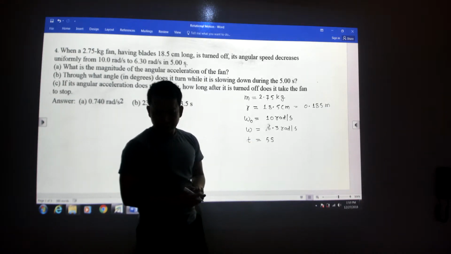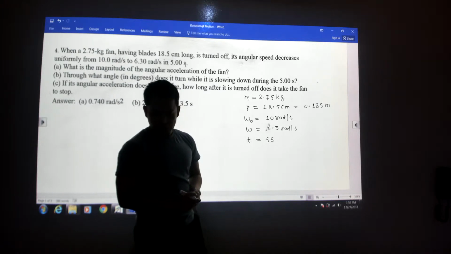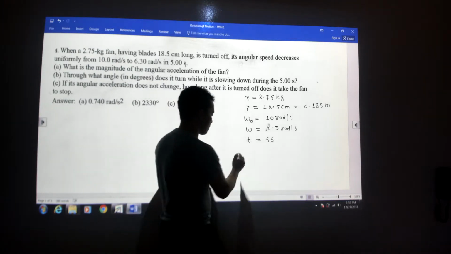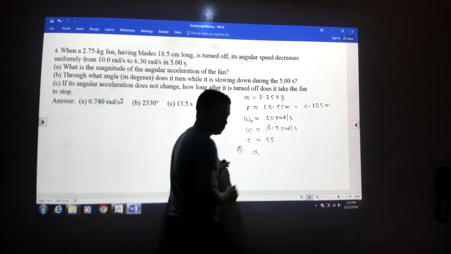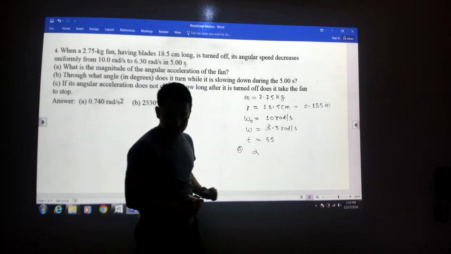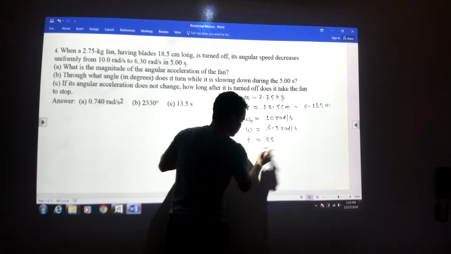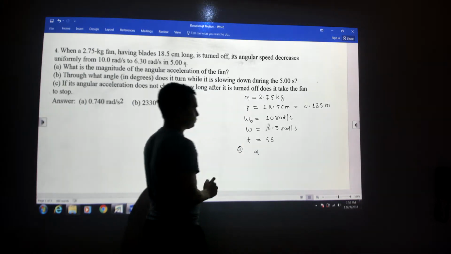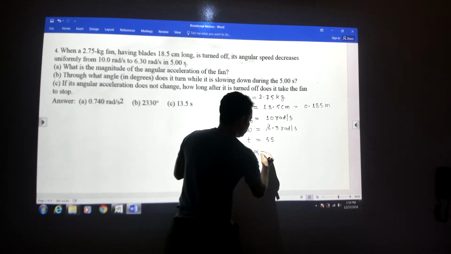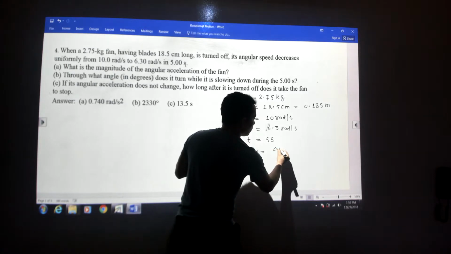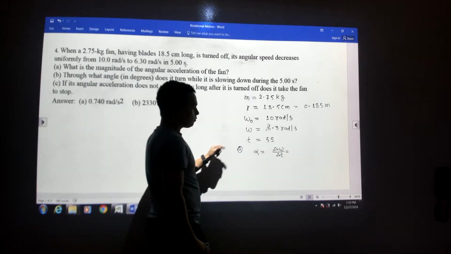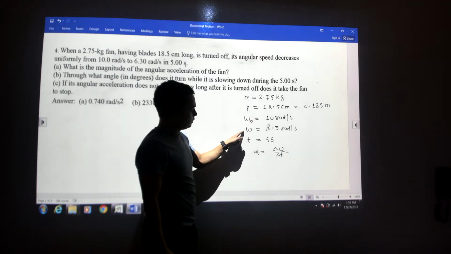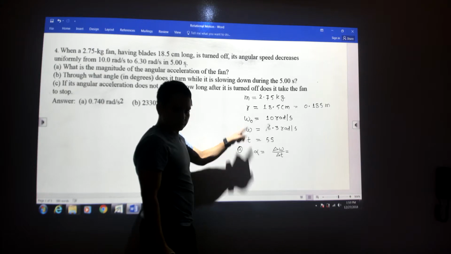Okay, you need to find out what is the angular acceleration. The angular acceleration is denoted by alpha, which is the same as the linear acceleration. Let's call it alpha, and this is equal to the change in angular speed over the change in time. This is the final, and this is the initial.